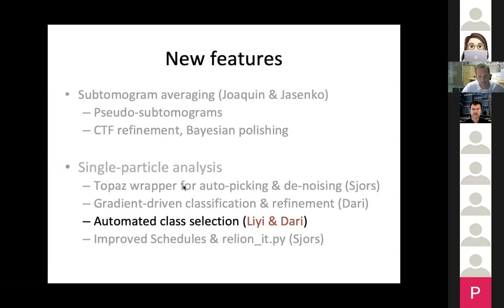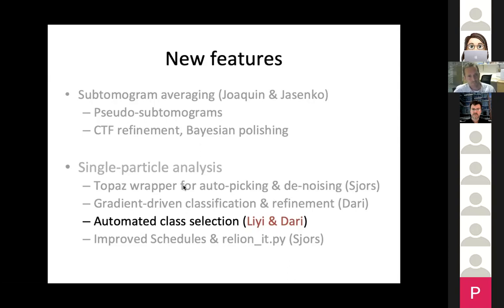Then Lee and Dari also contributed to this work on automated selection of 2D classes in RELION. This is based on the observation that many people like 2D classification as a way to screen the particles, get an idea of how the particles look, but also to throw away particles that are not good, and then take smaller subsets further into 3D refinement.